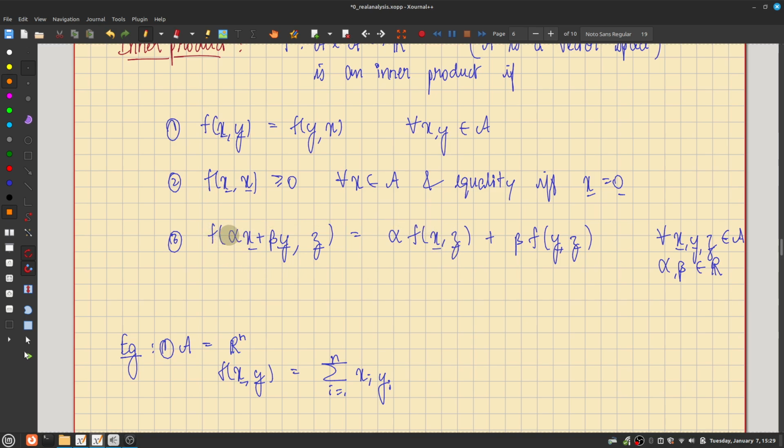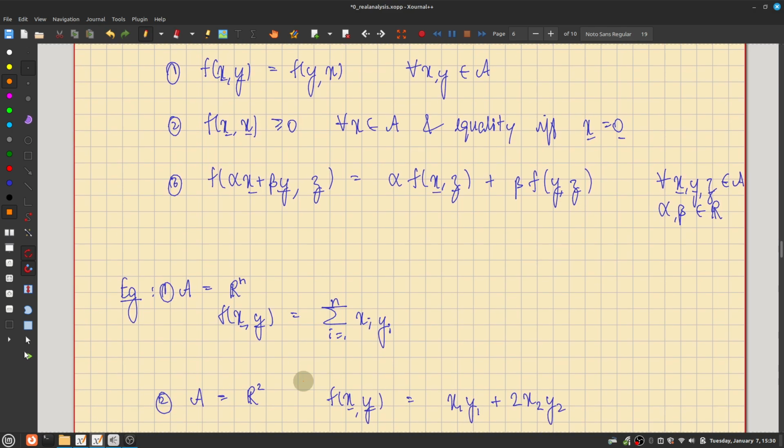So if I take the inner product between alpha x plus beta y and another vector z, then it's equal to alpha times the inner product between x and z plus beta times the inner product between y and z. All right. Again, this is something that your standard inner product satisfies. So let's just verify that the standard dot product that you've seen in high school is actually an inner product.